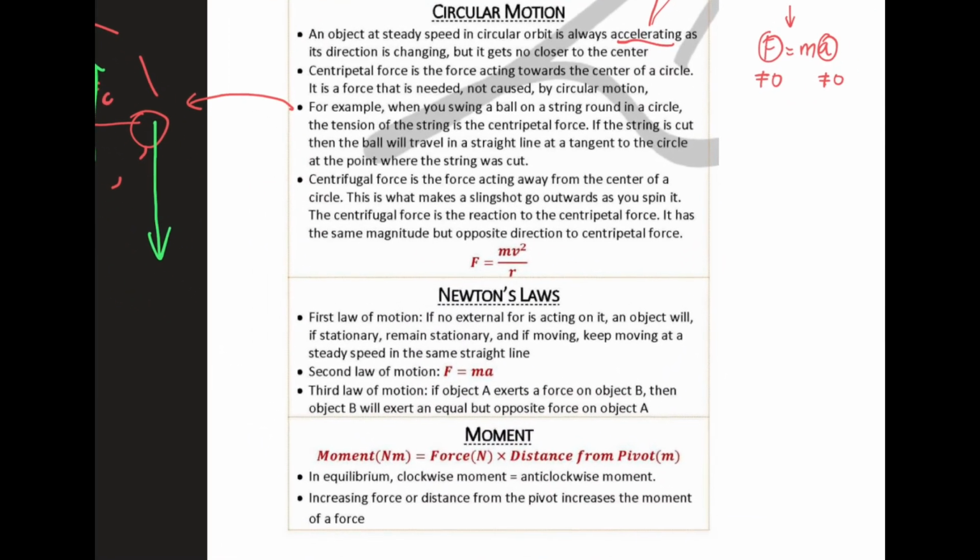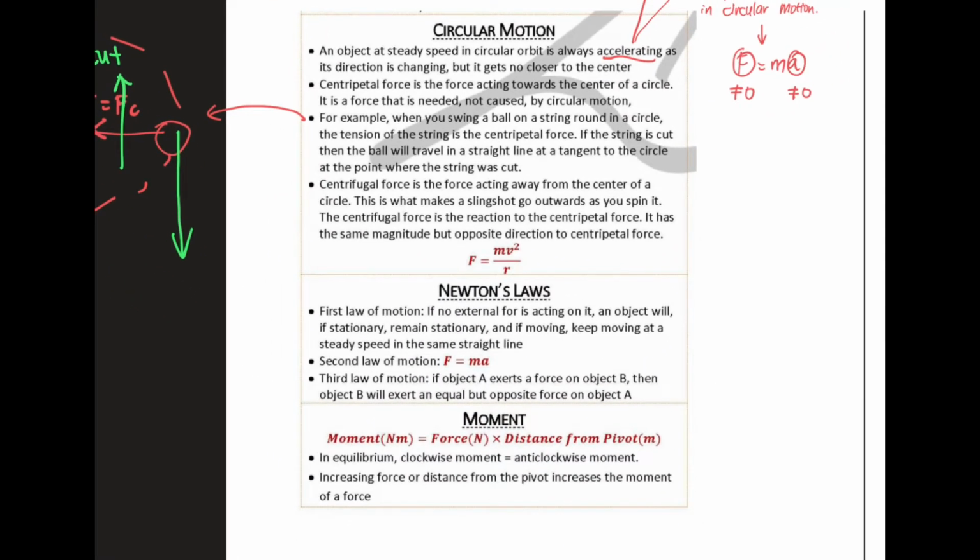Okay. Now, next point. Centrifugal force. Centrifugal force is the force acting away from the center of a circle. This is what makes a slingshot go outward as you spin it.